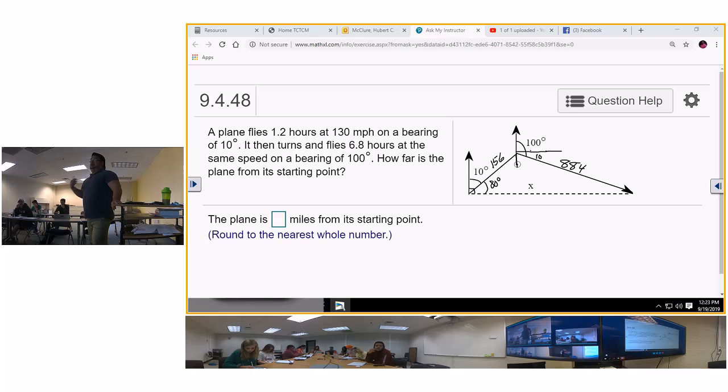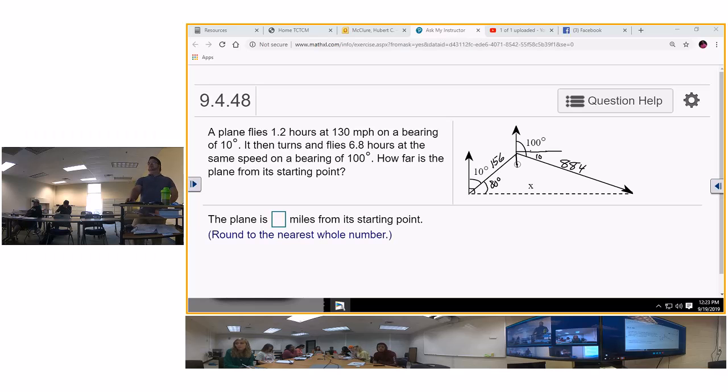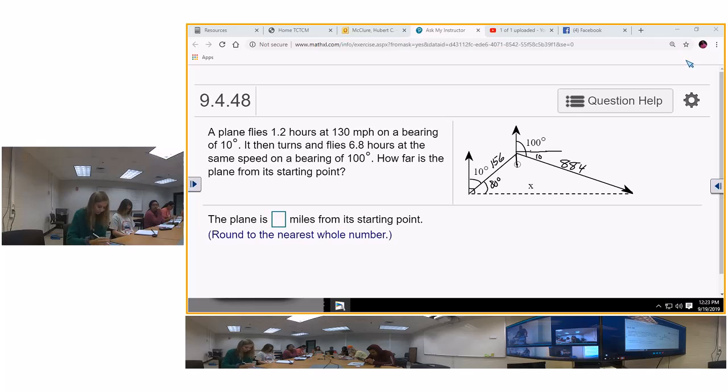We haven't learned law of sines and law of cosines, so we can't use those. How far is the starting point? So go ahead and do that one. Calculator was right.